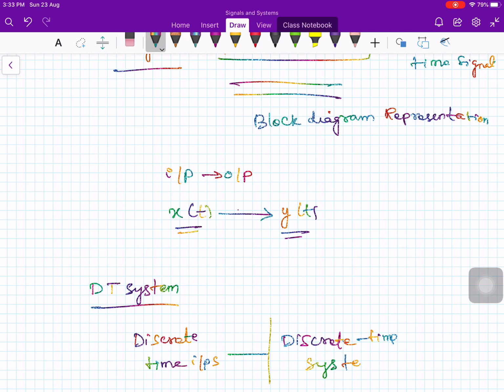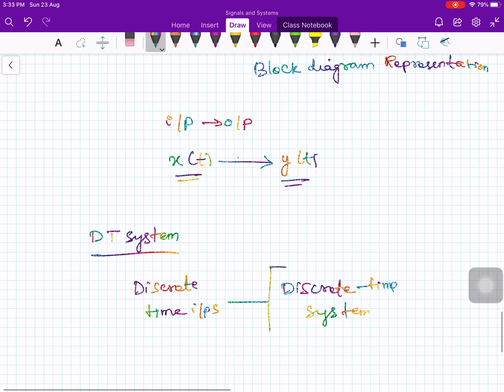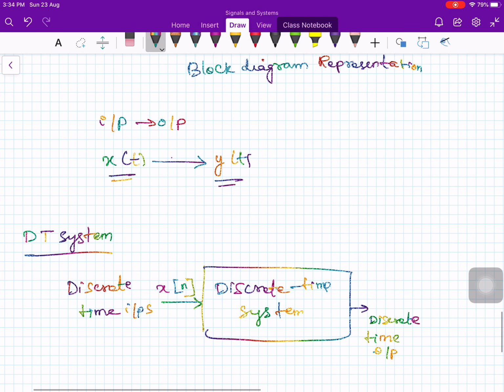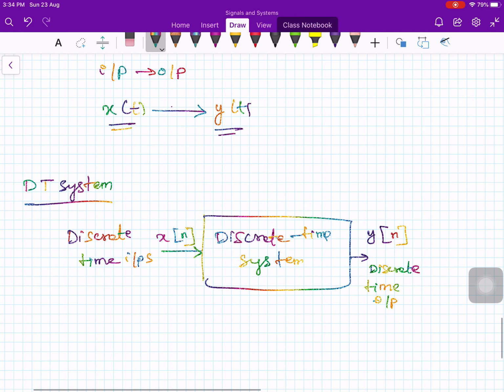The output is also a discrete time signal. Input is denoted by x of n and the output is denoted by y of n, like this. Symbolically, you can write x of n gives rise to y of n, like that.